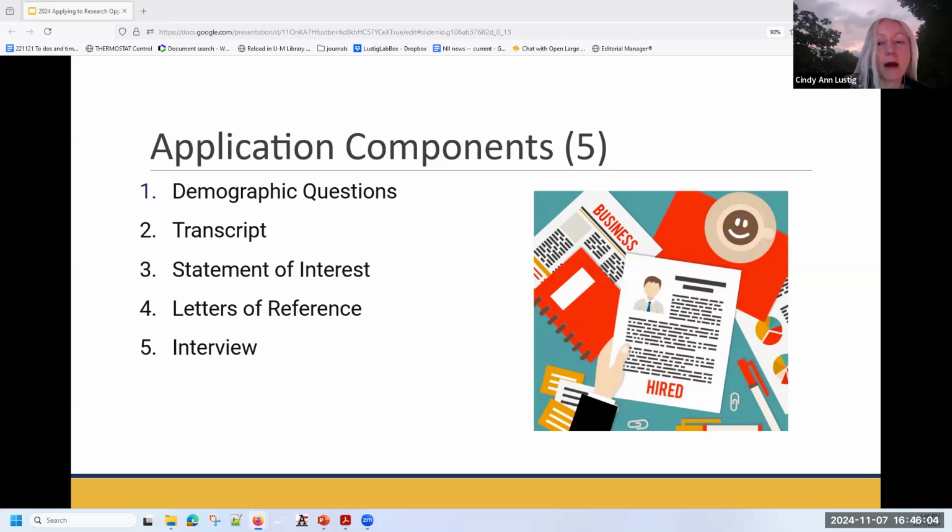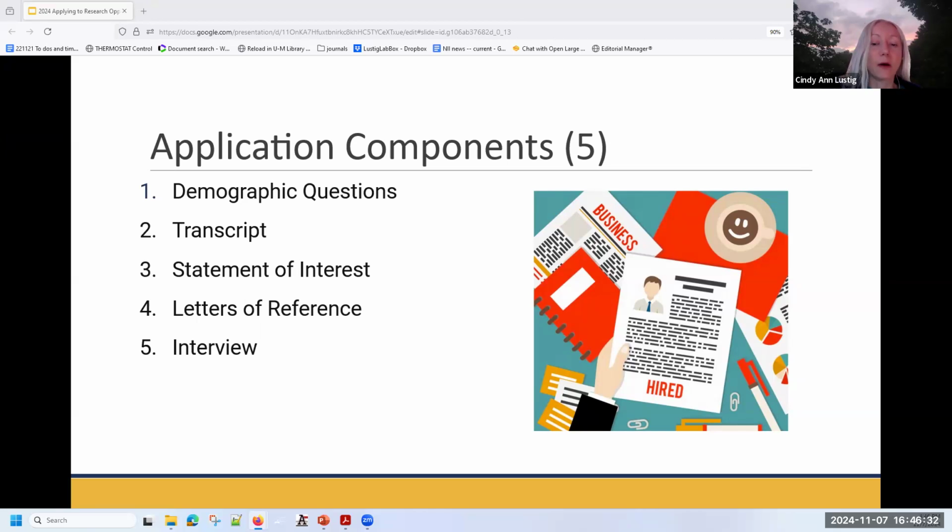So, in demographic questions, here we often ask about what we call our RMF or RACO merit criteria. So we may ask, what is the income background of your family? Because we may be targeting folks who haven't had an opportunity to participate in research. We may ask, do you have a sustained commitment to diversity?